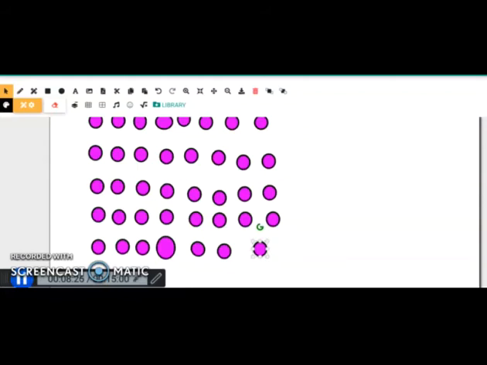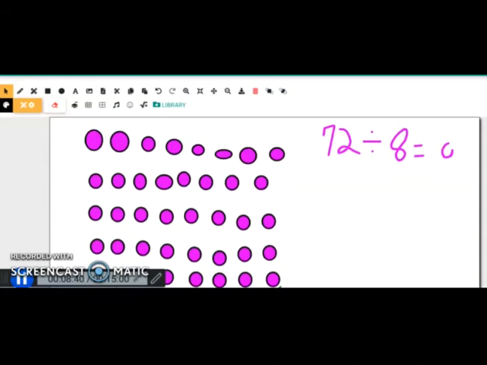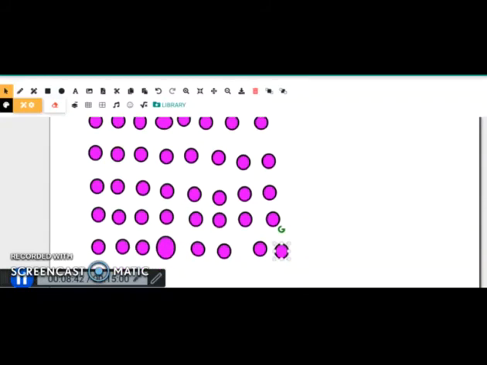I have 1 more to add. So now we have 6 rows of 8. We're going to add another row, and we can count up if we're not sure how many that we have. So if I'm adding another row, then I'm going to be able to count those, and when I multiply 7 times 8, I get 56.